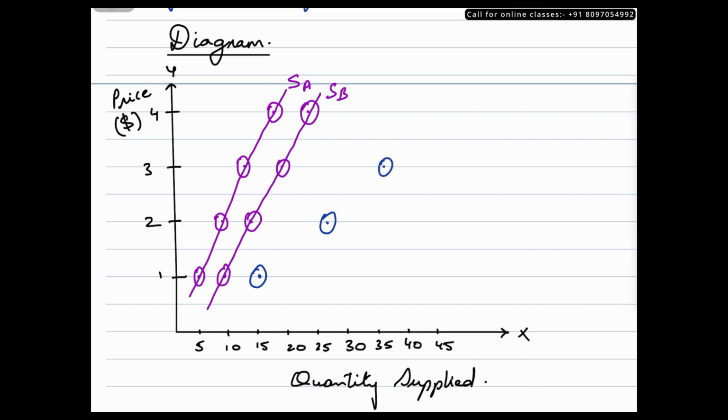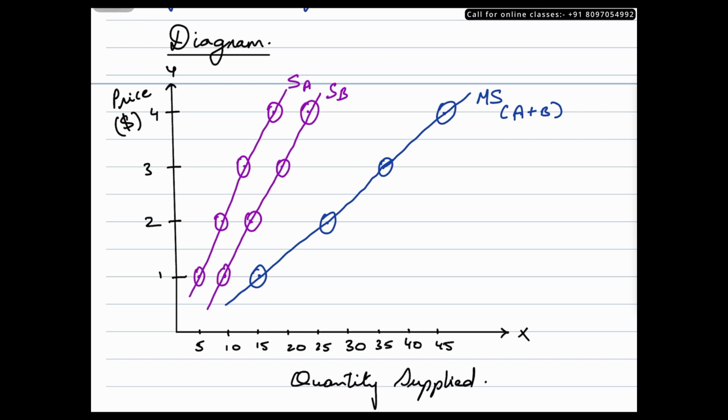And at $4 it is 45, so somewhere over here. Let me try and join these points too. So this is market supply, A plus B.